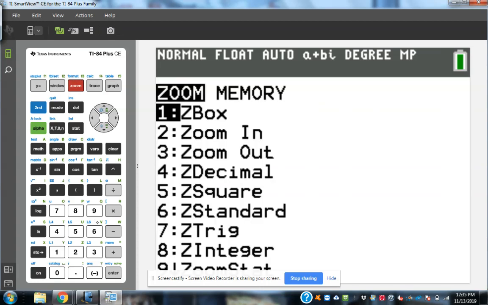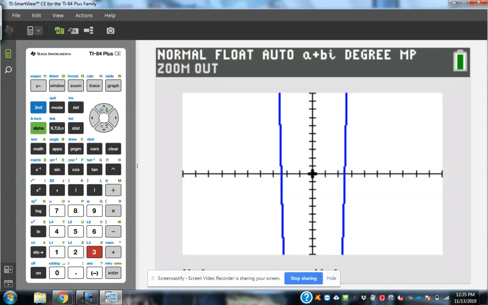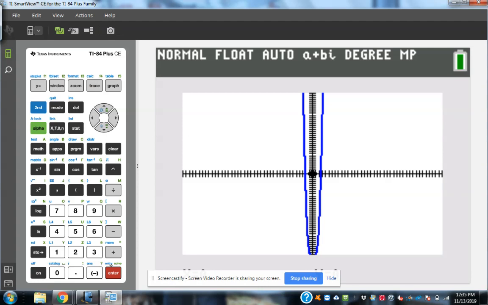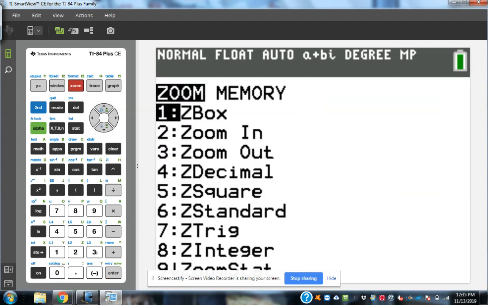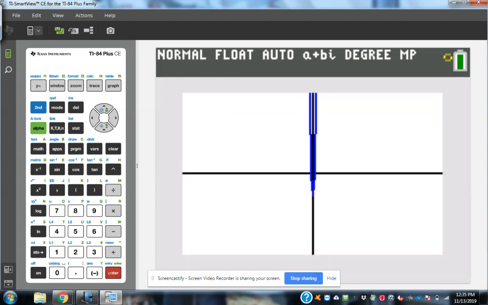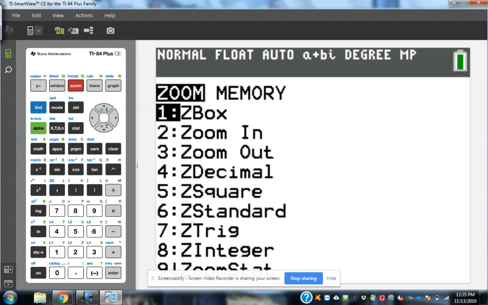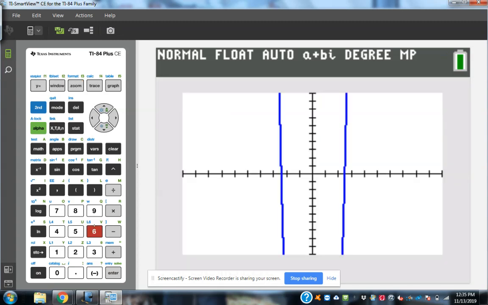And zoom out a little bit so you can see that. Zoom out just a little more. Well, I zoomed out way too much right there. But we see it's crossing the x-axis at those 2 places. Right there, right there. And that's the positive and negative square root of 6.